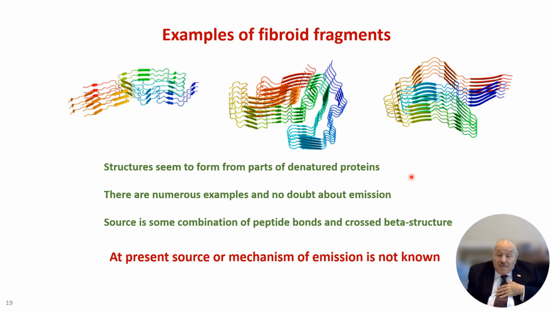So it turned out that this fluorescence was a result of this new structure that has no aromatic amino acids in it. And even at the present time, the mechanism of the emission is not known. It's still trying to be figured out why these stacked structures display fluorescence emission. And those different spectra I showed you in the previous slide had different aliphatic amino acids in them, meaning not the aromatic ones.